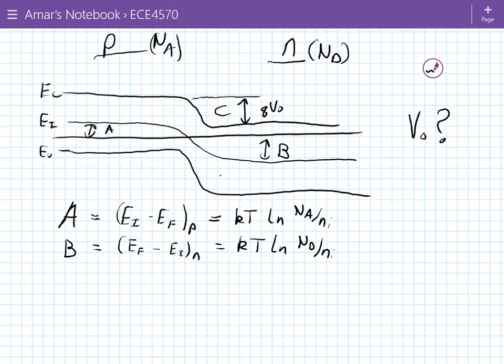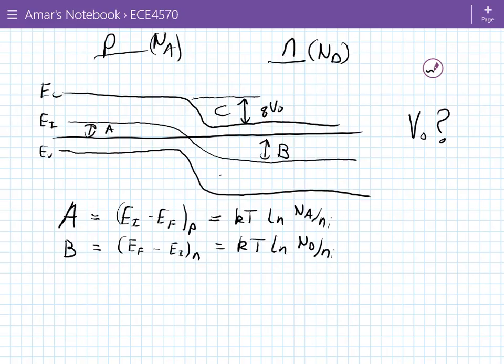Now what is C? What's the formula for C, the distance there? It will be EC minus EF.